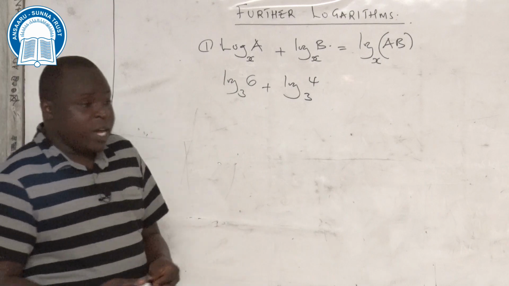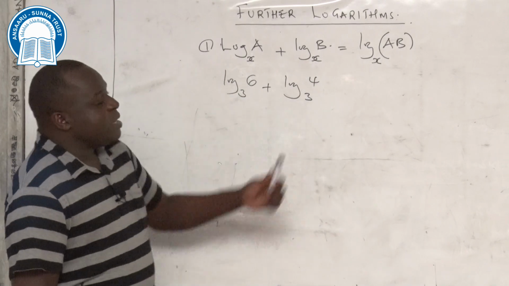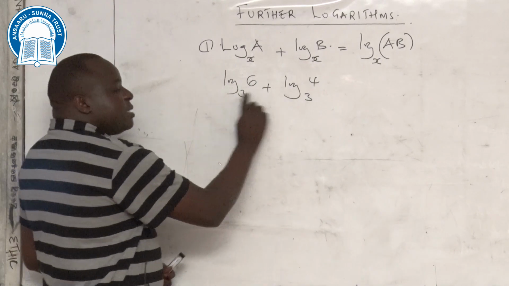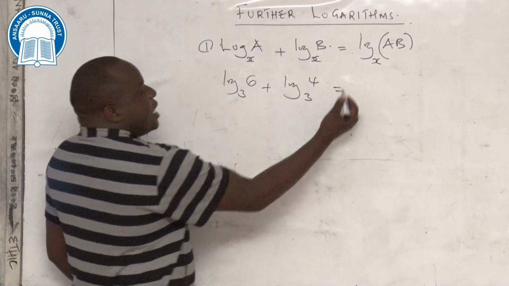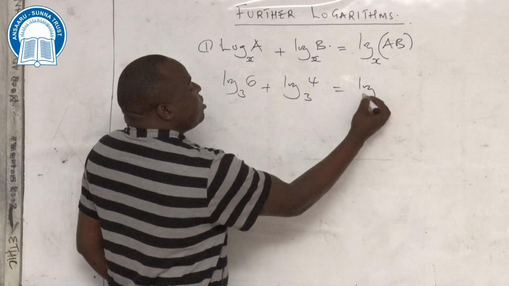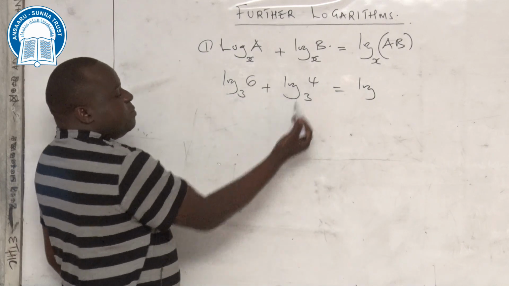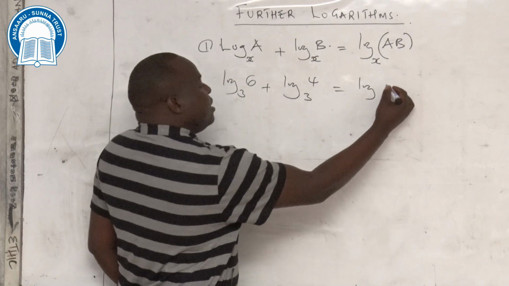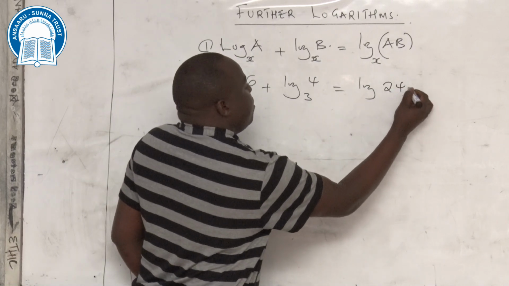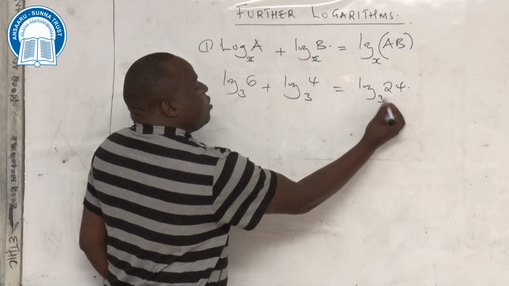This is possible. Why? Because the bases are the same. So since the bases are the same, we can actually add this. And according to this law, the answer should be to multiply the respective logs, which is 6 times 4. 6 times 4 is 24. Then remember to show your base.